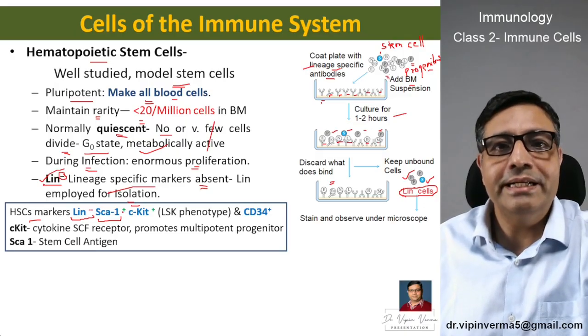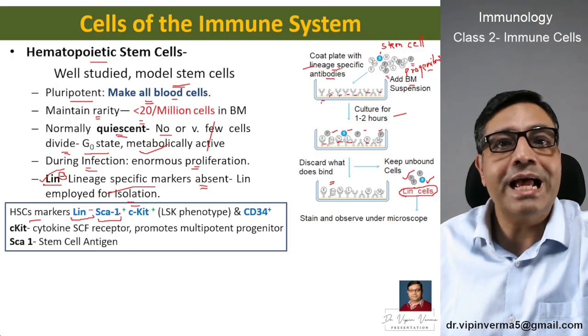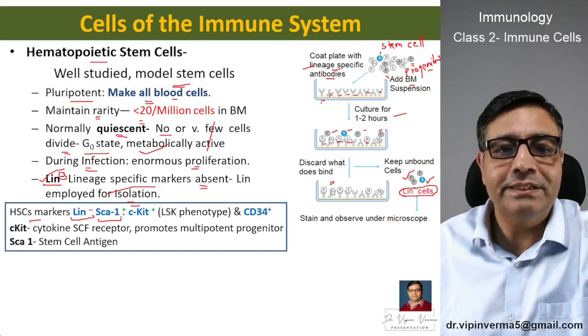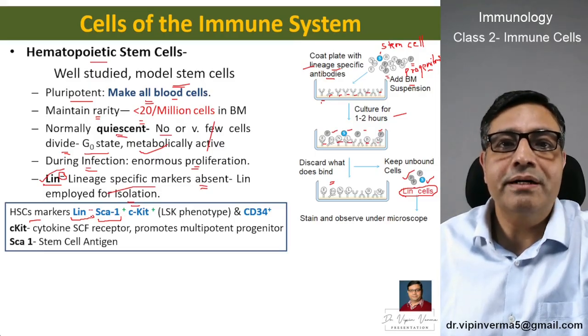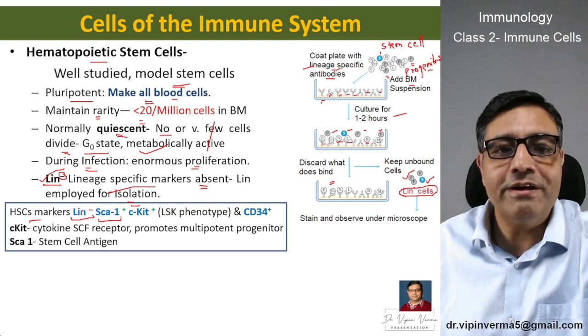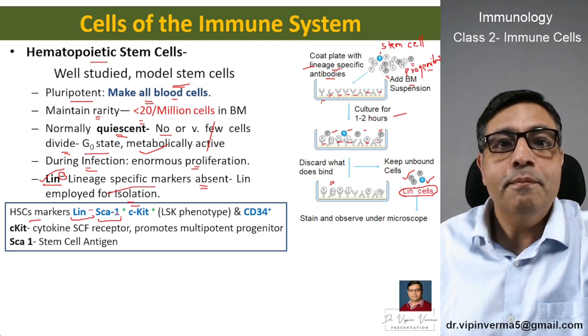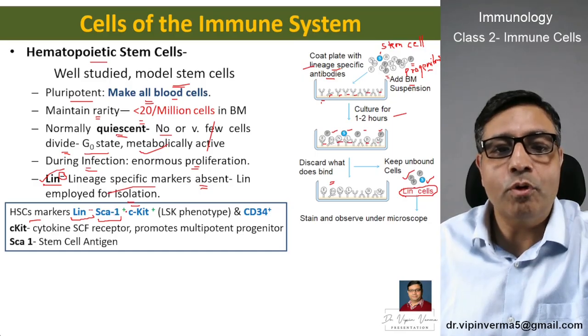All the markers are negative which are not expressed or which are absent on a cell surface. So lin is a marker which is absent, so we have written lin negative. SCA1 is a marker which is present, so we have written SCA1 positive, and then the third is the c-kit, which is also present.